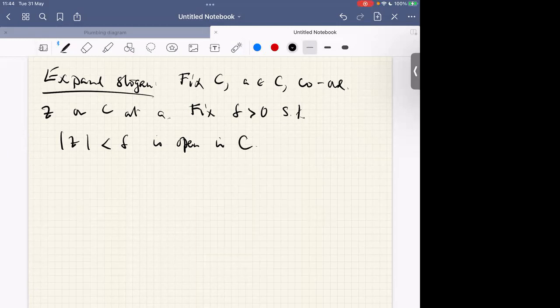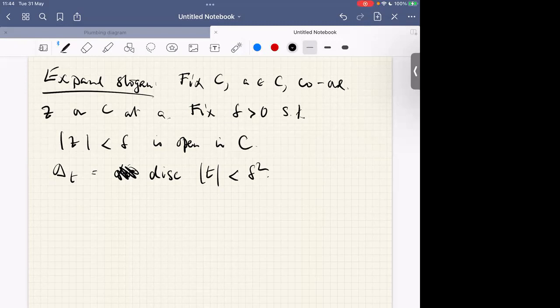And then take delta sub T, the disk where the absolute value of T is less than delta squared.